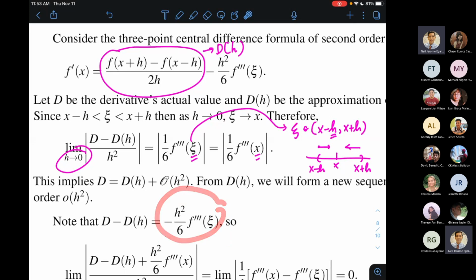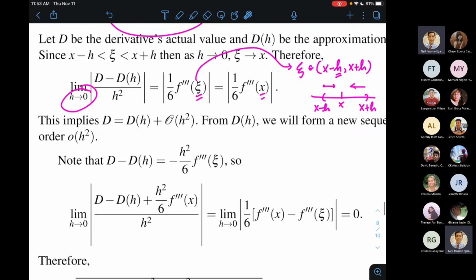But I want this to go to 0. So since I already have D minus D of h, and their difference is minus h squared f triple prime of c, then I could add this guy to the numerator. It's like I'm cheating, because I already know D minus D of h is this. I want the numerator inside the limit to go to 0. So I will add either positive h squared over 6 f triple prime of x, which is this guy, or f triple prime of c all over 6, so that we are sure it will go to 0.